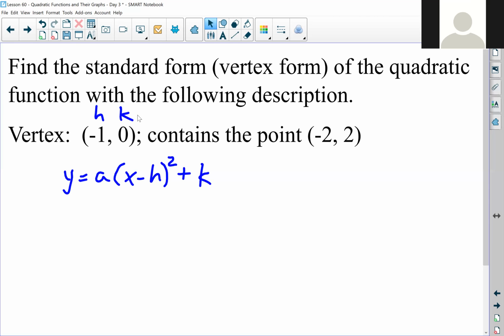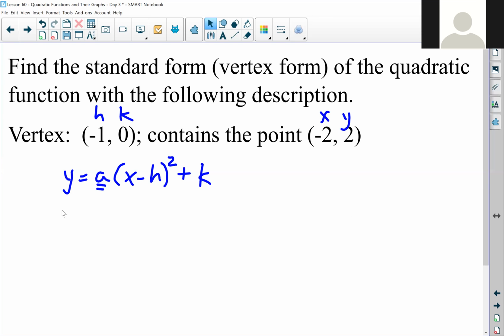Then we're going to use these values to plug in for x and y. The idea is once we plug those values in, we'll be able to figure out what a is.